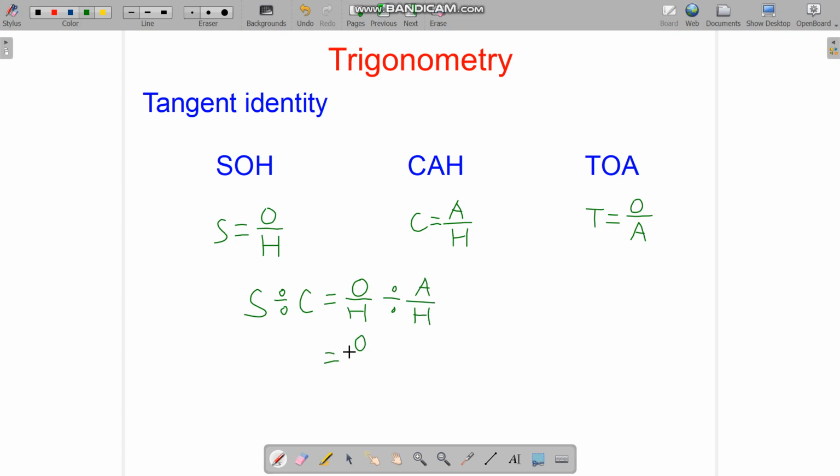Now we keep, change, flip, and of course we can cancel out. h divided by h is 1, and so we get O over A, which is equal to tangent. So this explains why tangent is equal to sine divided by cos.